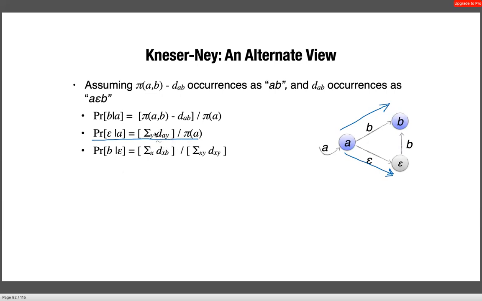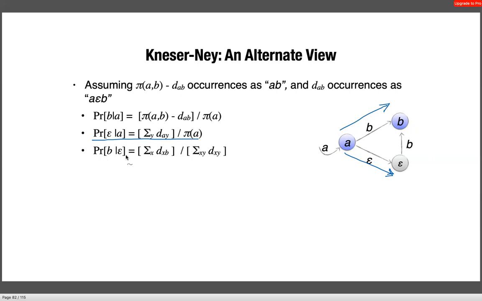If I sum over all such paths, that gives me the numerator term, which is how often I step out of this state which remembers the context A and move to a state which has forgotten this context. So that would be the sum over all y of DAy, and in the denominator I again have the unigram count of A.